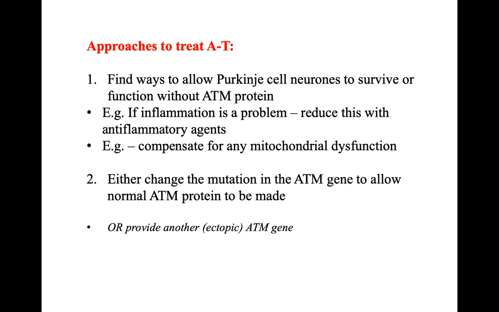If we can put that into a cell, then maybe the cell can function normally. That is a very valid approach, and there is lots of work going on in that area, but it's not yet at the stage of clinical trials, and that wasn't covered in our Zoom call.